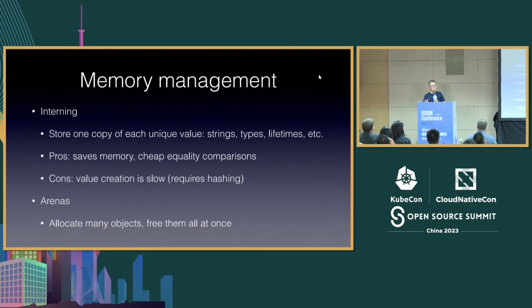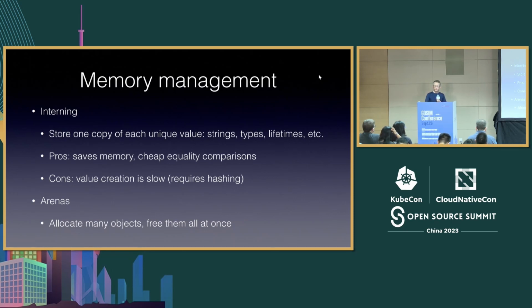So a couple of things about memory management. We use interning heavily. This is a technique where you store one copy of each unique value. It's very often used for strings, but we also use it for some internal types within the compiler for representing language types and lifetimes, for example. The good thing about this is it reduces memory use. It's obviously cheaper in terms of memory to store each unique value once instead of possibly having duplicates.